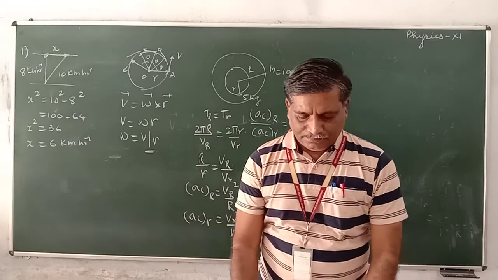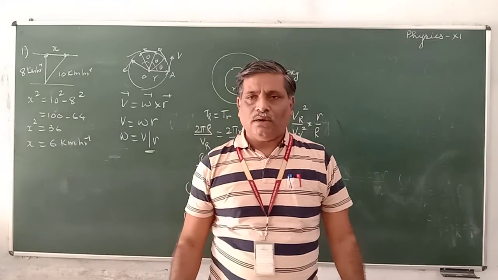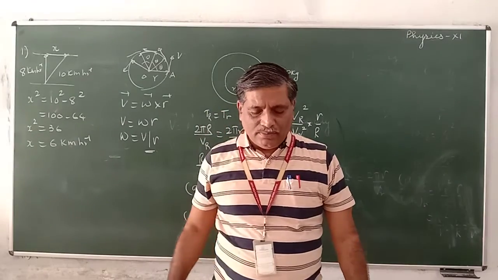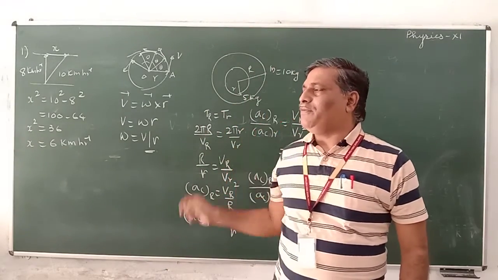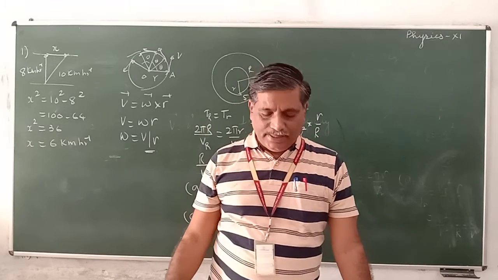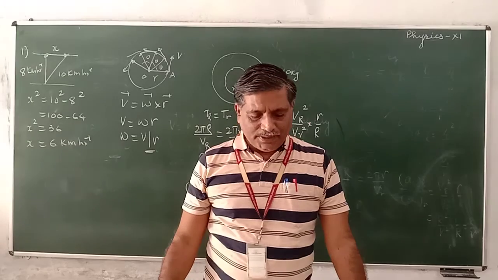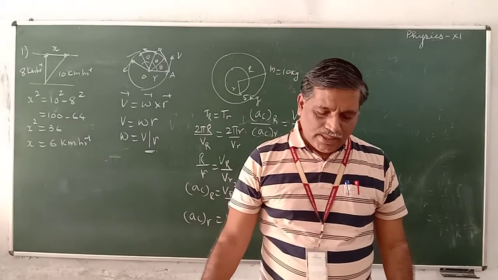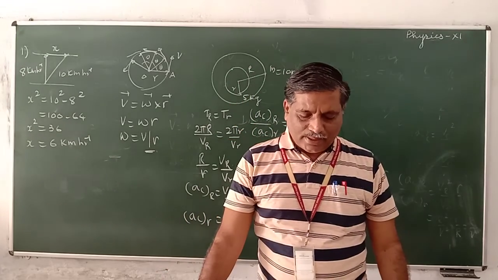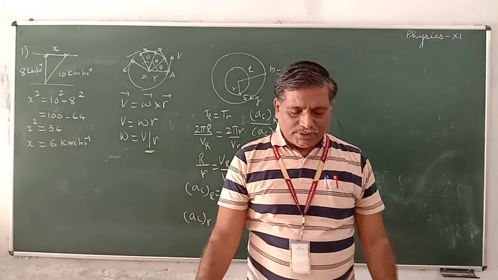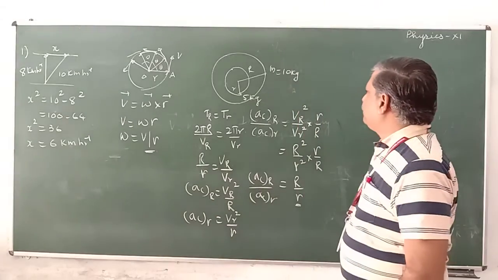Next problem. The angular speed of a flywheel making 120 revolutions per minute is: there is a flywheel, it revolves with a speed of 120 rpm. Options are 2 pi rad per second, 4 pi square rad per second, pi rad per second, 4 pi rad per second.